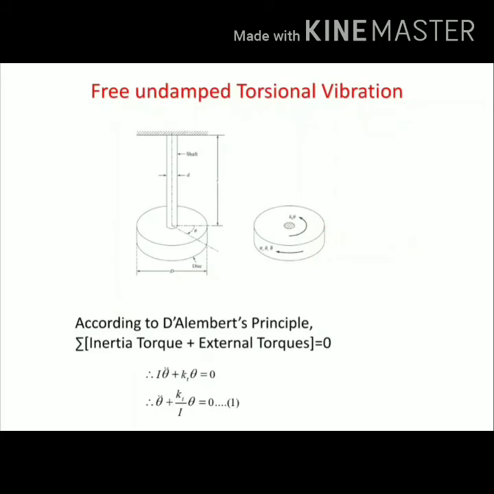The algebraic sum of inertia torque and external torques is equal to 0. Inertia torque is I theta double dot, where I is the mass moment of inertia of disc, theta double dot is the angular acceleration, plus kt theta, that is the restoring torque, kt is the torsional stiffness, is equal to 0. So we get theta double dot plus kt by I into theta is equal to 0.